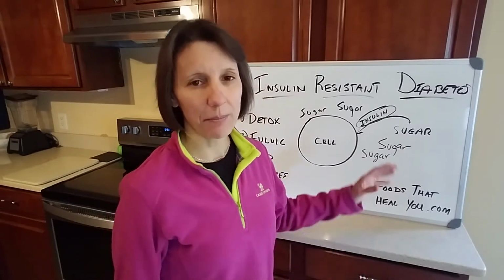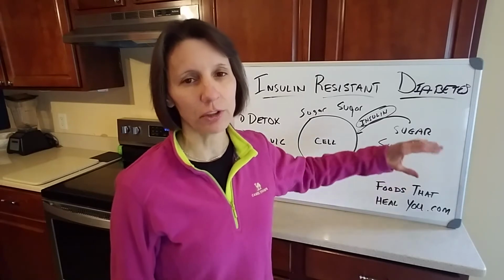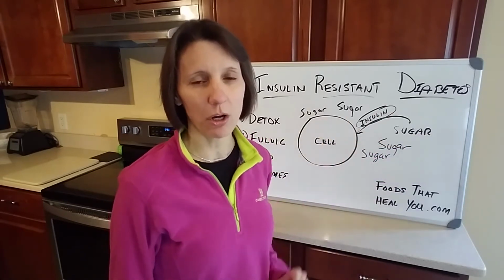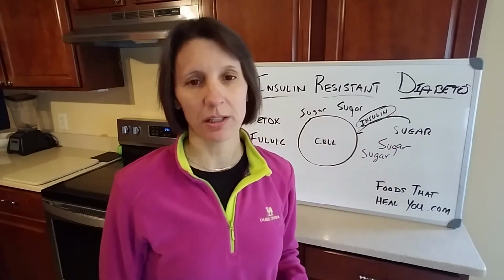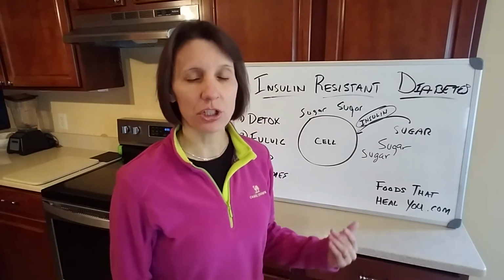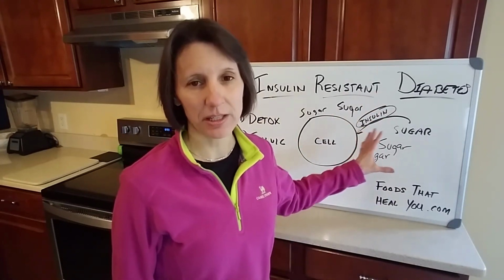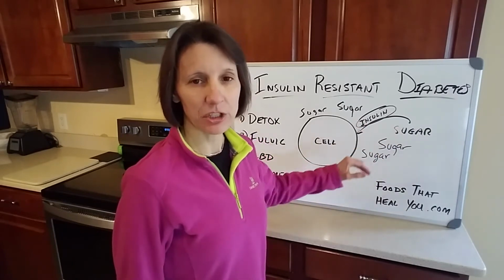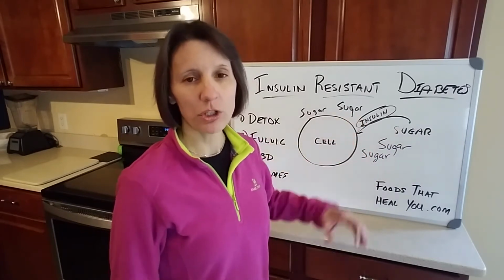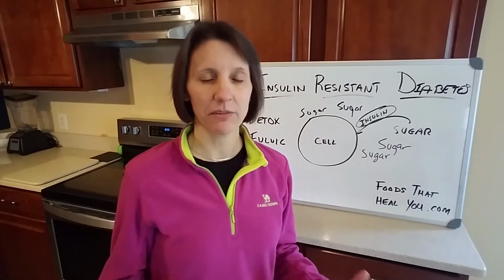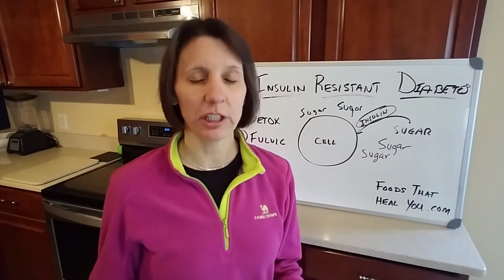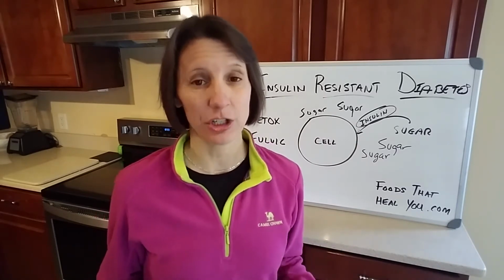Those all build up in the body and cause toxic overload and build up around the cell wall that can lead to insulin resistance. So the solution is going to be to get rid of the toxic waste and the extra fat that's on the cell wall. Once you eliminate that toxic waste and the fats, then the insulin can do its job and get the sugar in where it needs to go, all right?